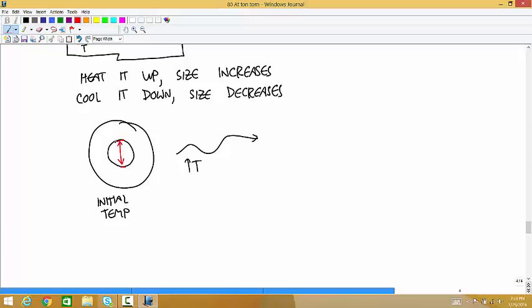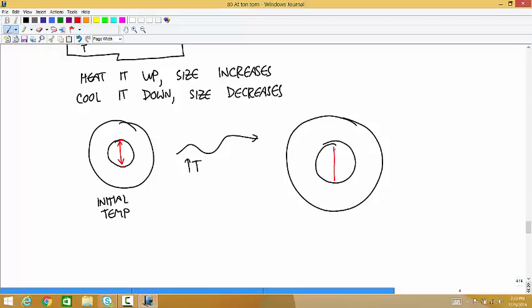And so if you took that measurement again after increasing the temperature, it'll get bigger. It makes sense if you think about the material that surrounds the hole.